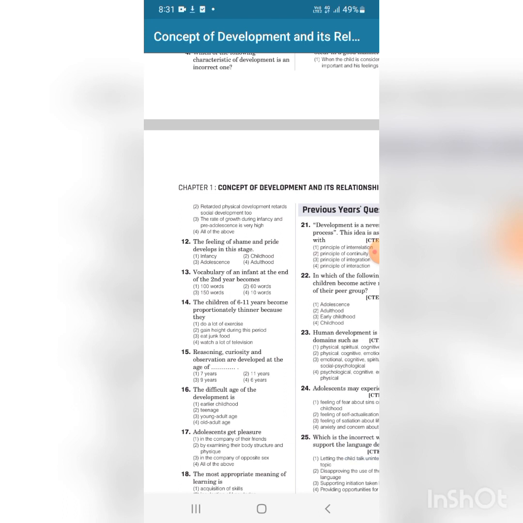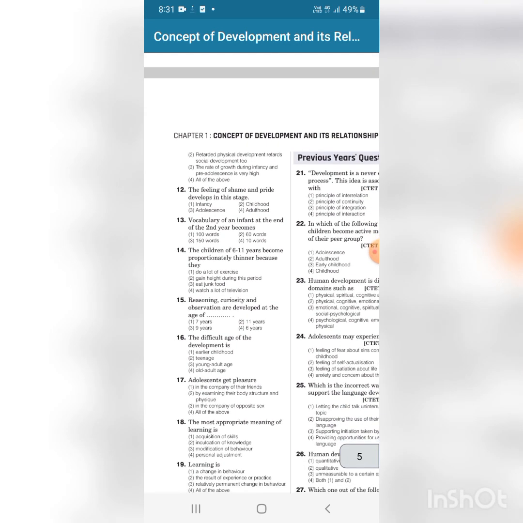Vocabulary of an infant at the end of second year becomes, so the answer would be 150 words. The children of 6 to 11 years become proportionally thinner because they gained height during this period.